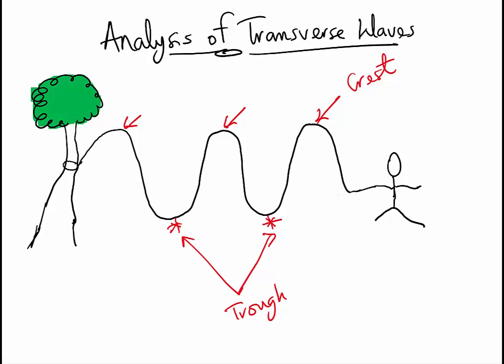The distance between any two adjacent points on the wave, for example, the distance between two crests or two troughs, is known as the length of the wave, also known as wavelength.